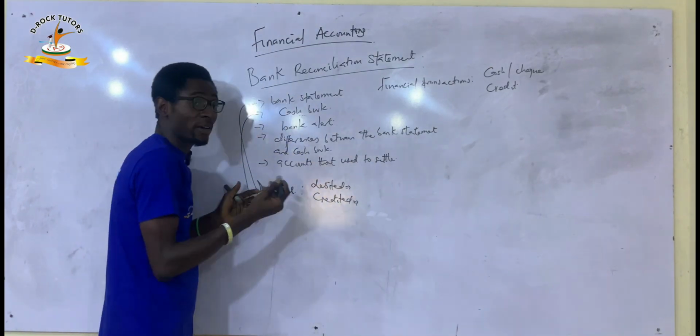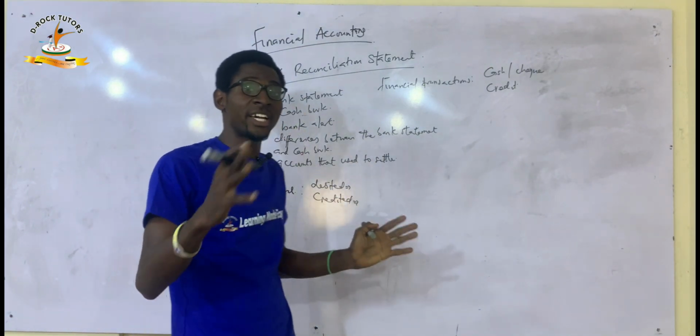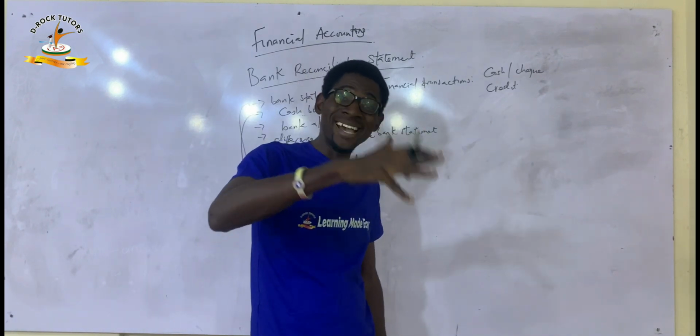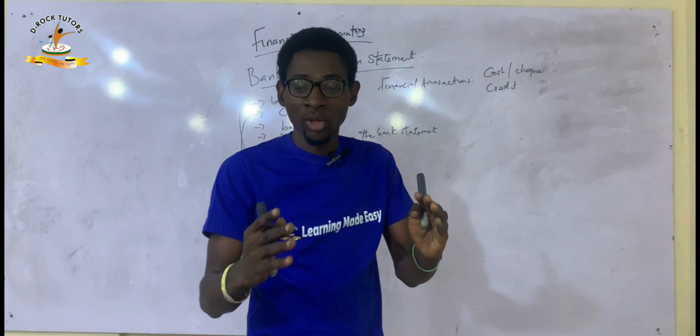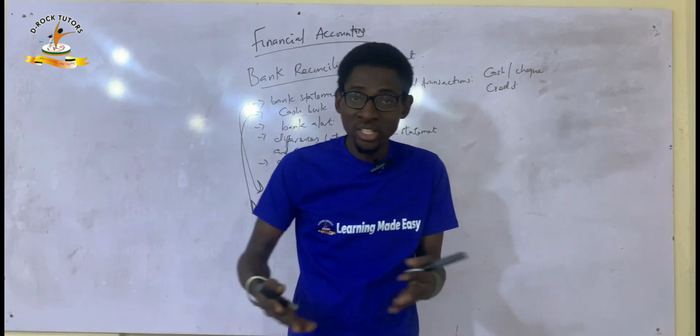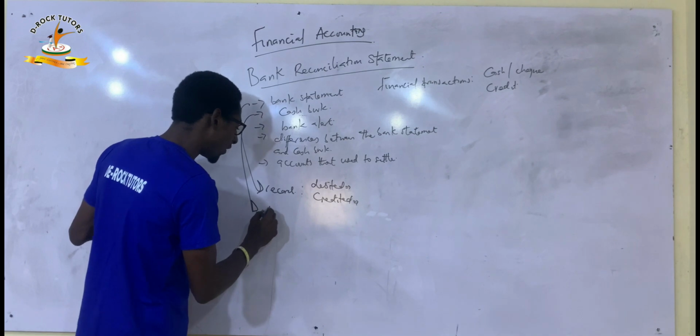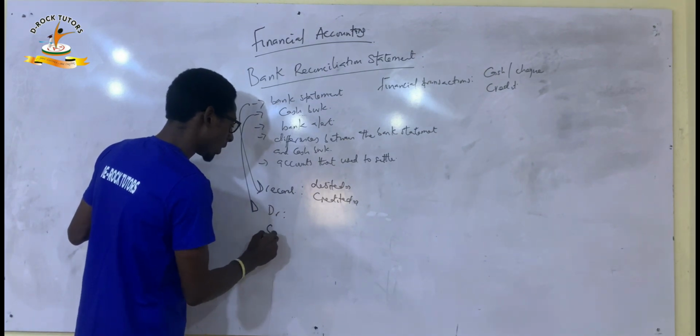Now, why cash book? Like I said, it is a book of original entry that is used to record all cash and cheque transactions. It shows you're dealing with an outsider, money spent or money received. The cash book has a debit side and a credit side.